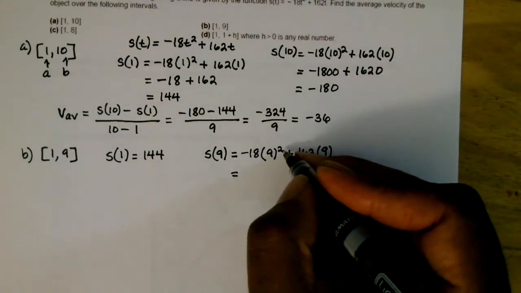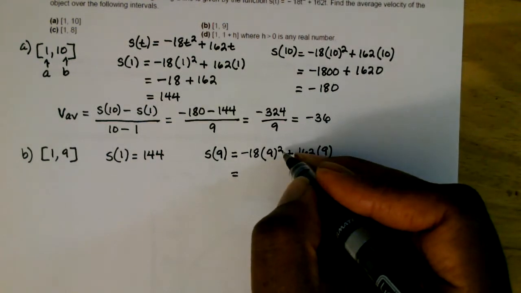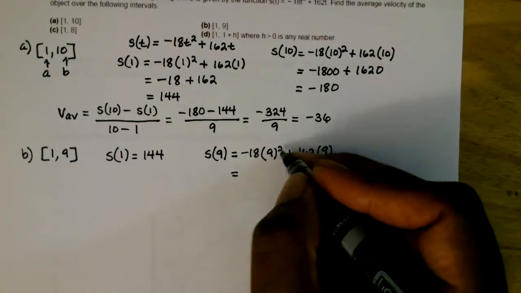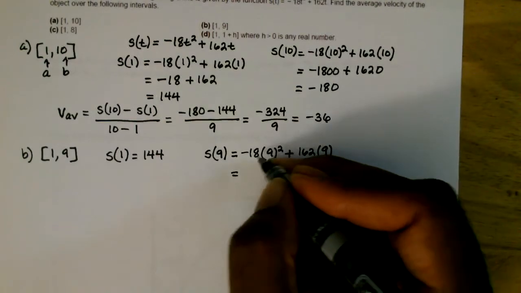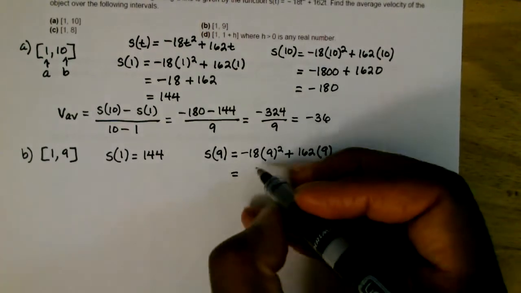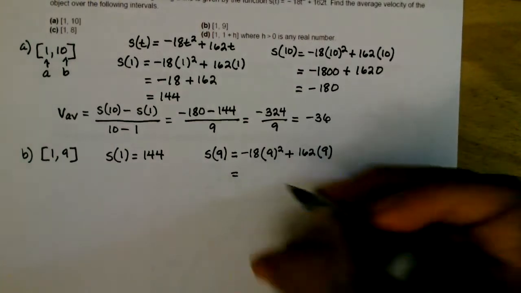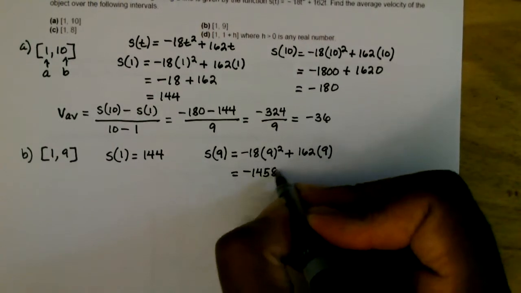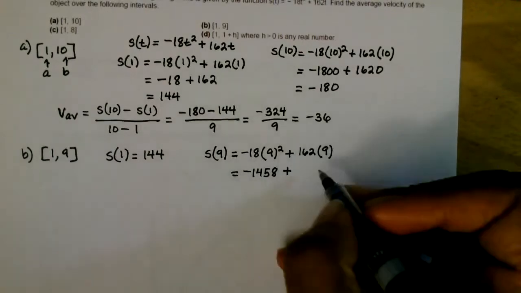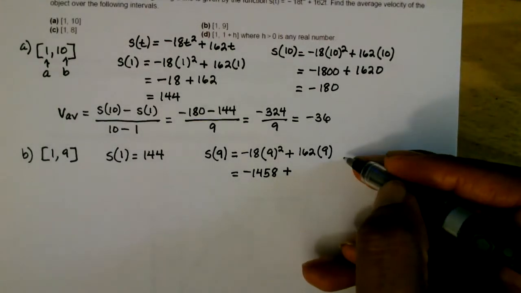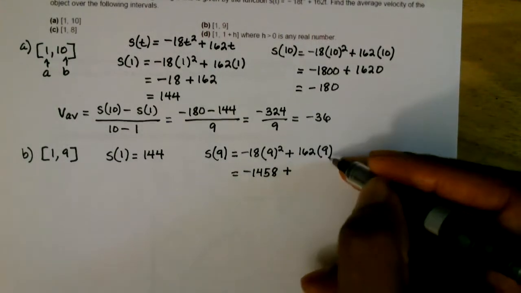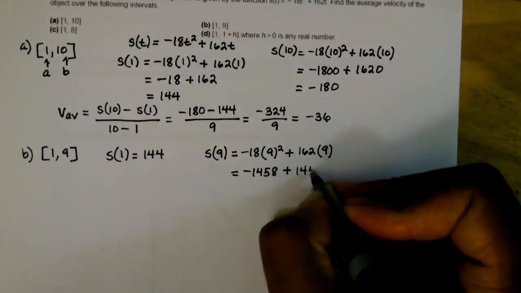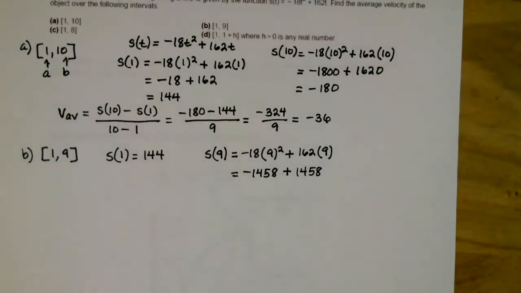We do 9 and square it based on order of operations. 9 squared will be 81. 81 times negative 18 would be negative 1458. Plus, and in this case here, 162 times 9, that would be positive 1458. Okay.